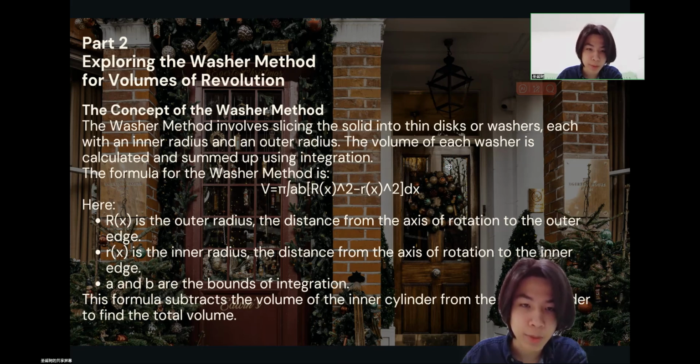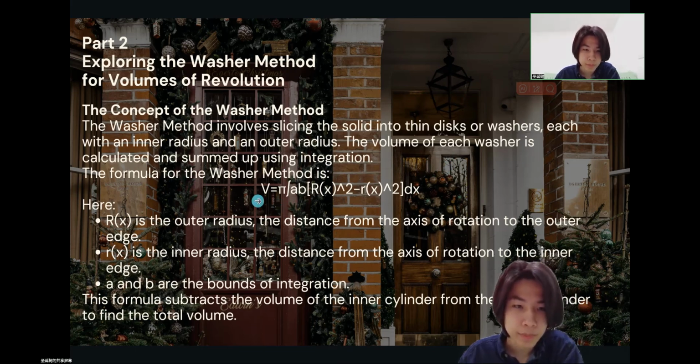The formula is written as V equals pi times the integral from a to b of outer R of x squared minus inner R of x squared with respect to x.